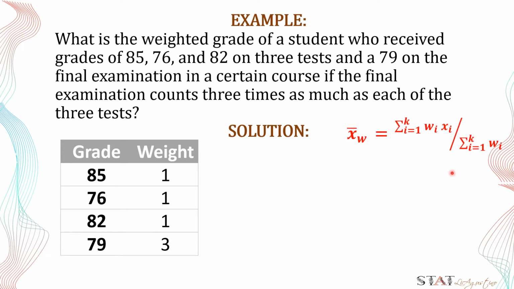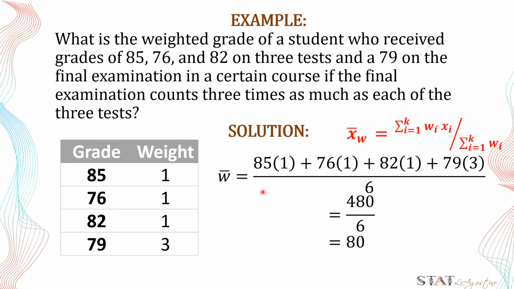And then by our formula, the x bar w, or the weighted mean, is equal to the summation of wi xi, where i ranges from 1 to k, over the summation of the total weight. So equal to 85 multiplied by 1 plus 76 multiplied by 1 plus 82 multiplied by 1 plus 79 multiplied by 3 over the total weights.